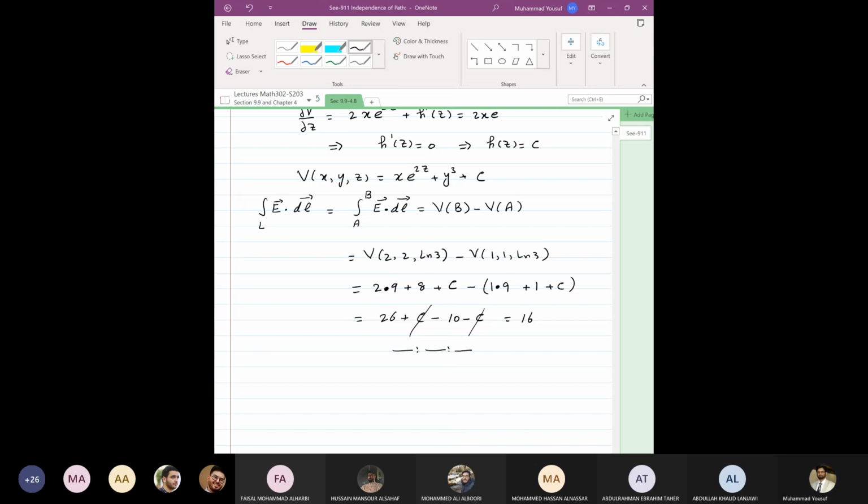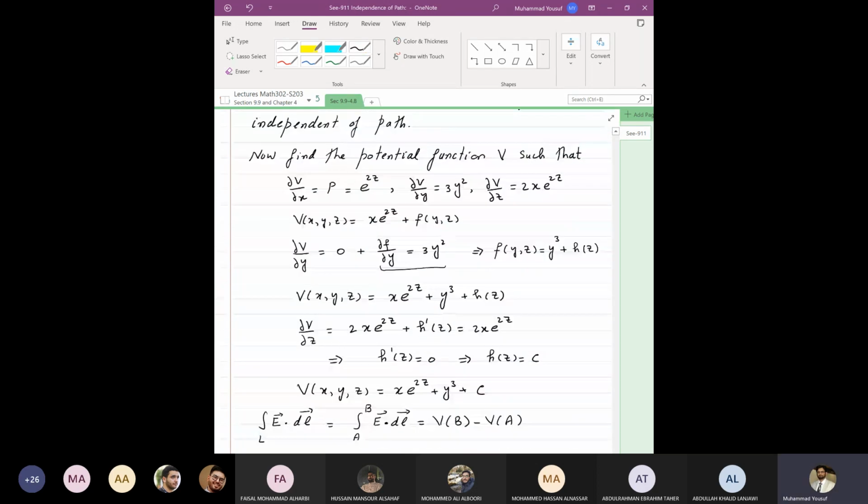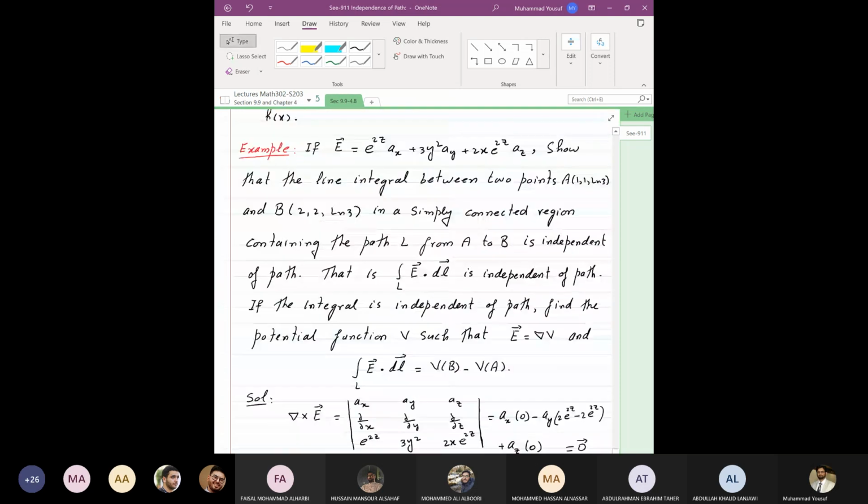Okay. Now, Shabab, there is one thing for the electric potential.